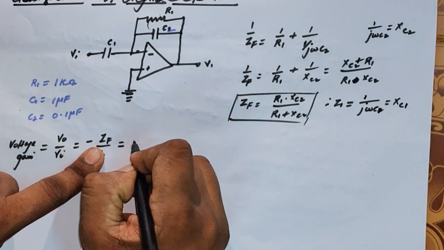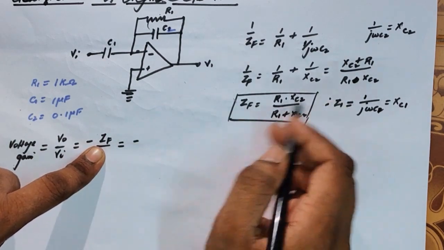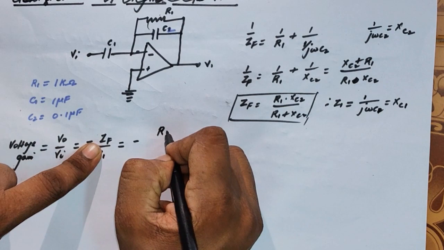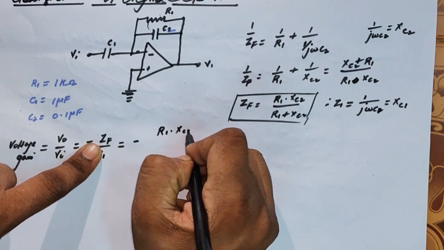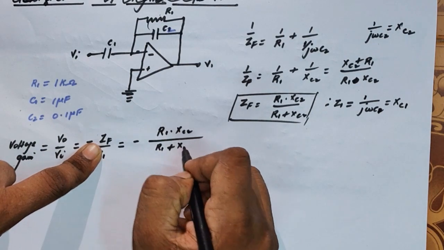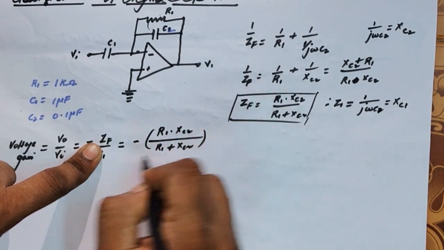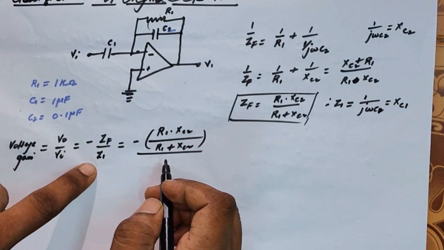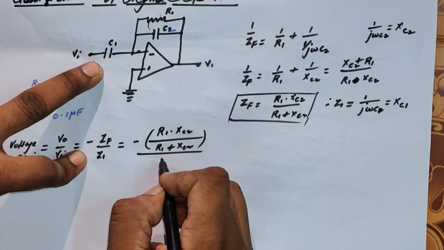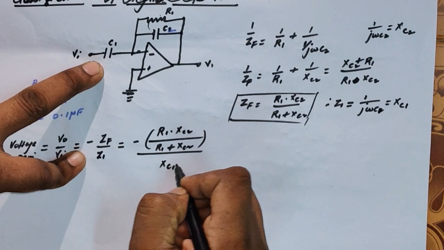V naught by Vi is equal to minus ZF, the feedback impedance, that would be equal to R1 times XC2 divided by R1 plus XC2, divided by the input impedance for the capacitor C1, that would be equal to XC1.